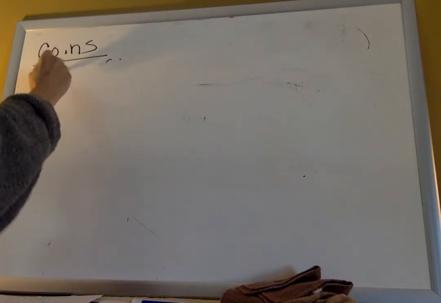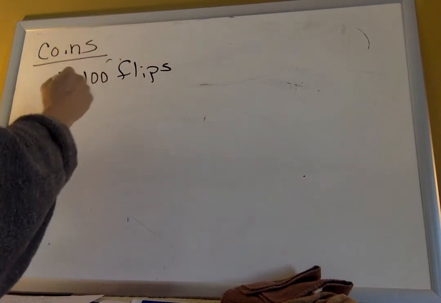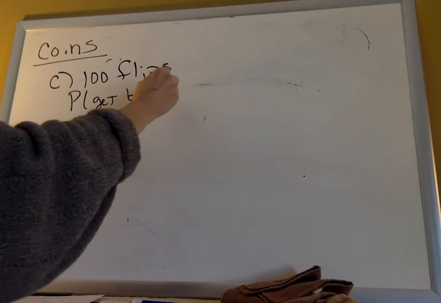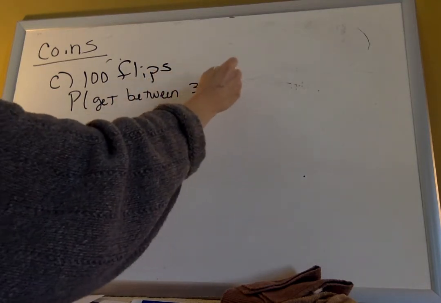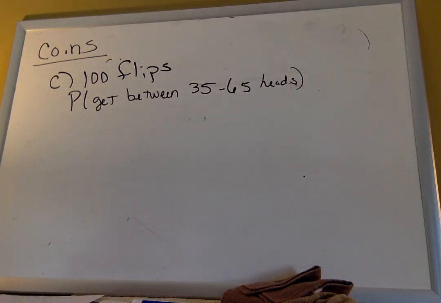Let's say we're going to flip 100 times, and we want the probability we get between, let's go with 35 to 65 heads, which is basically between 35% and 65% heads.